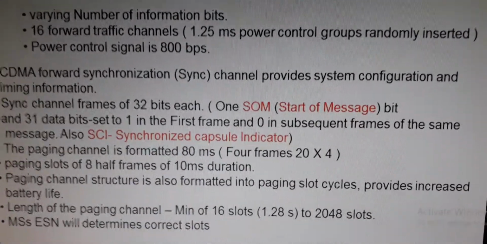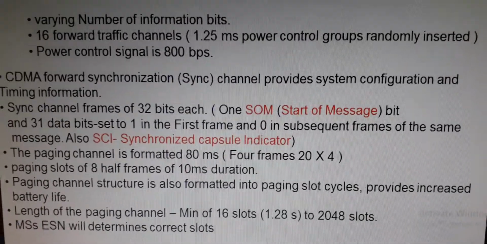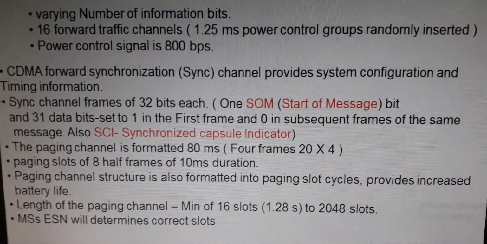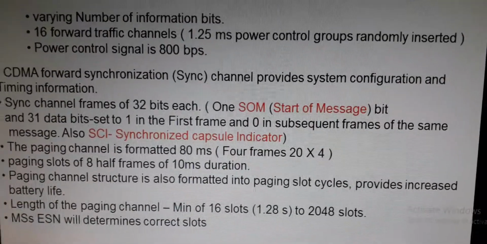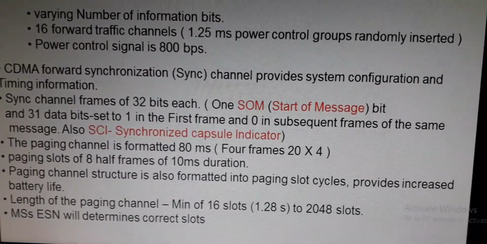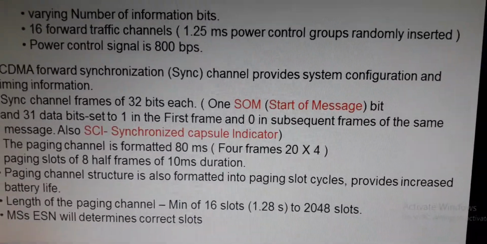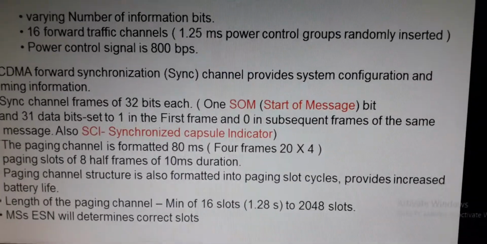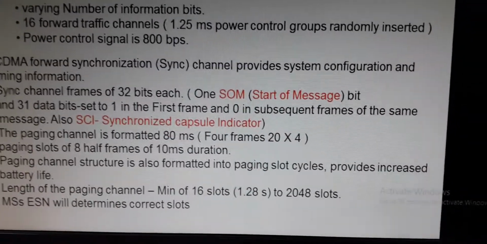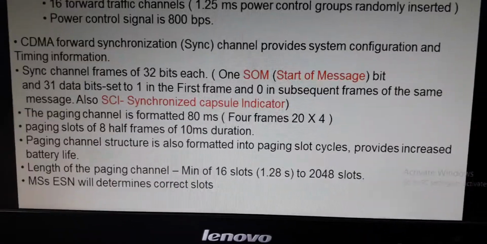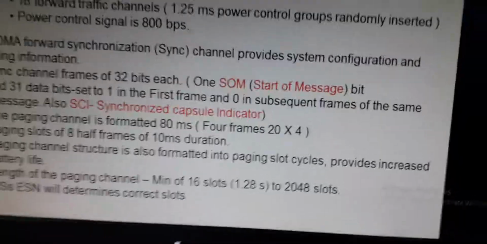Sync channel frames are 32 bits each, and there will be one start of message bit and the other 31 bits. In those 31 bits, the first frame is set to 0, and the other subsequent frames are the same.